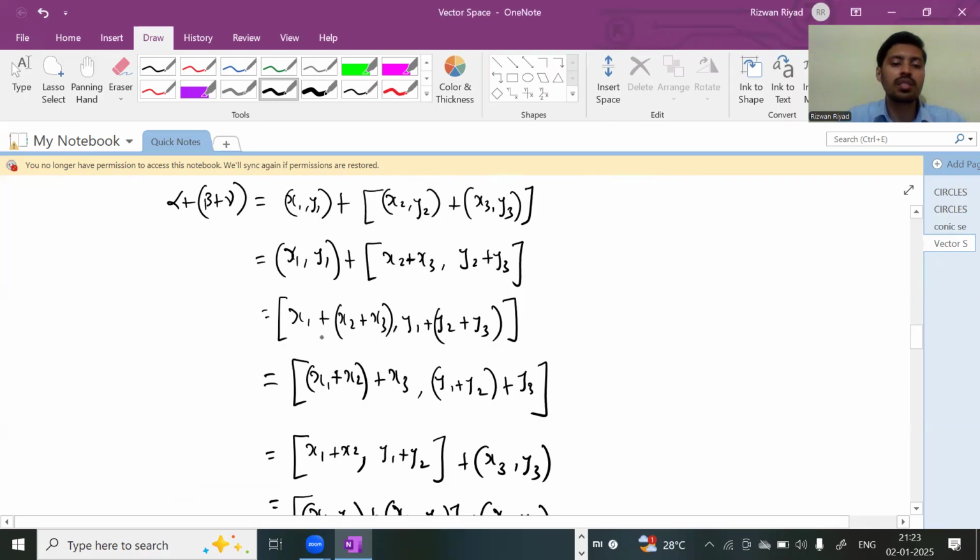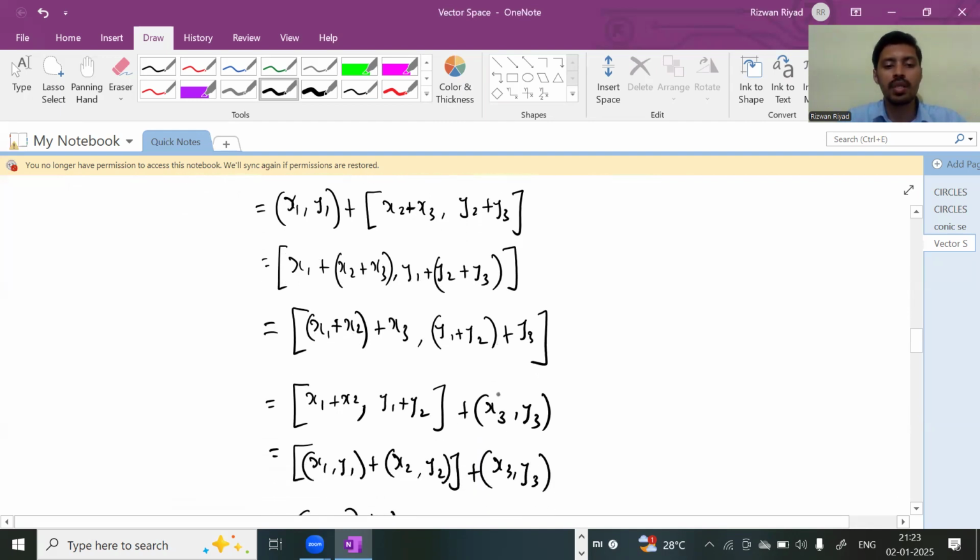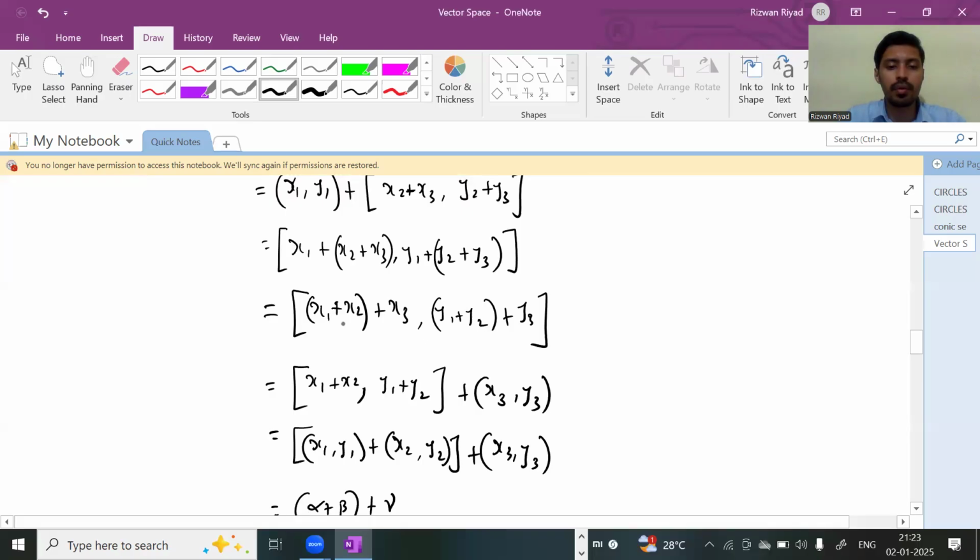And we know that addition is associative. So here you can apply the associative property. That means x1 plus x2 you can put in a bracket and x3 separately. Similarly, y1 plus y2 you can put in a bracket and y3 separately. Here you can separate them.